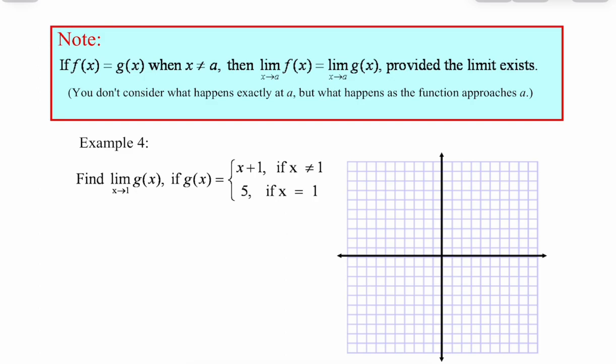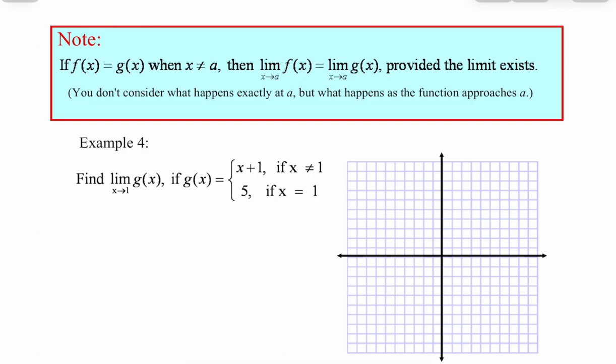So if one has a hole there and one doesn't, you can use the smaller version, the better version, the nicer version. Because remember, a limit, you don't consider what's happening exactly at that point. You're looking at as the function approaches that point. So it acts like something everywhere but a. Well, let's just use the extra one.